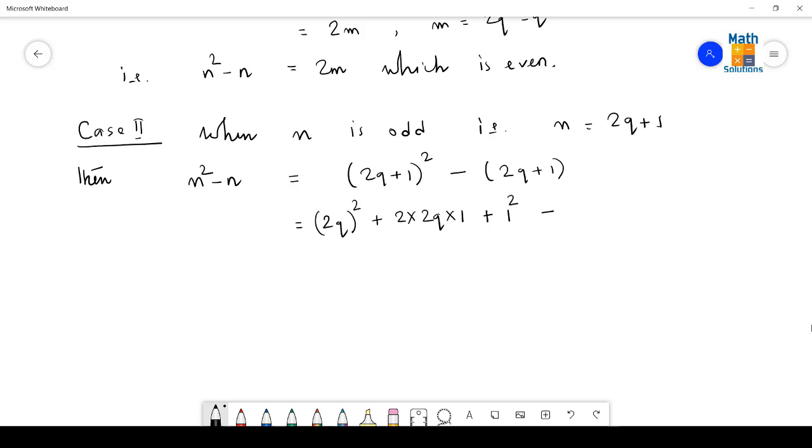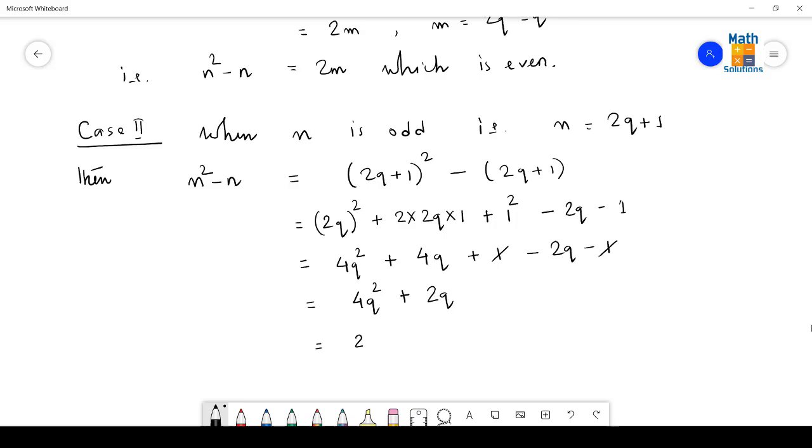In the second part, when brackets are removed, I get minus 2q minus 1. In the next step I get 4q square plus 4q plus 1 minus 2q minus 1. So plus 1 minus 1 got cancelled. I get 4q square plus 4q minus 2q, the result being 2q.